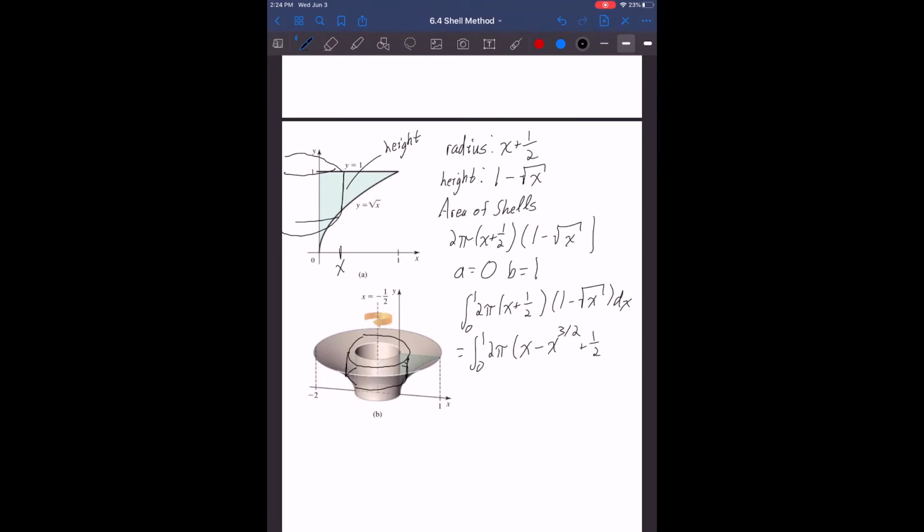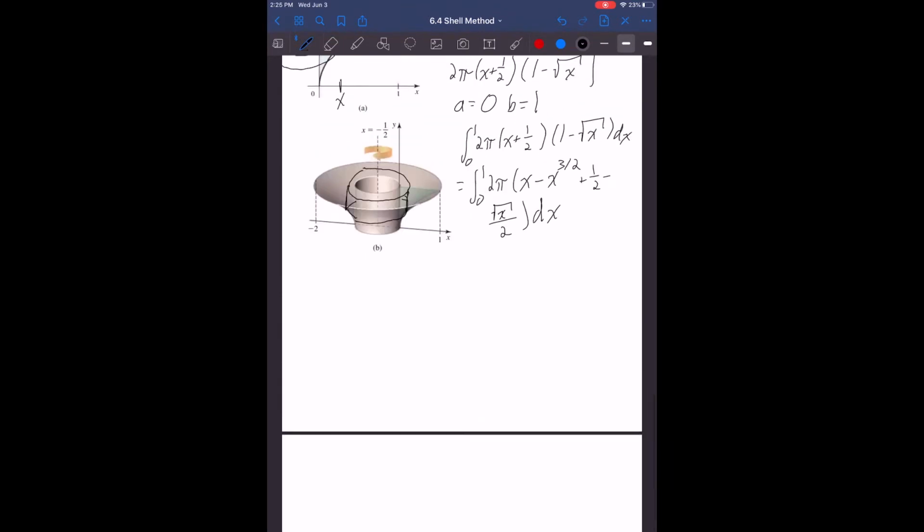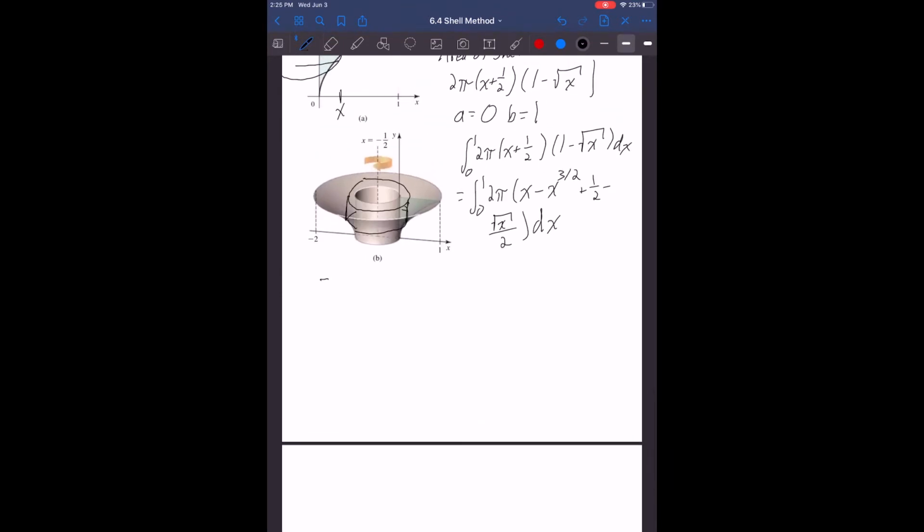The inside term is 1/2, so plus 1/2. And finally, I have a minus square root of x over 2 for the last term. And this is still dx. And so if we integrate this, we just get that this is 2 pi, integral of x is 1/2 x squared.